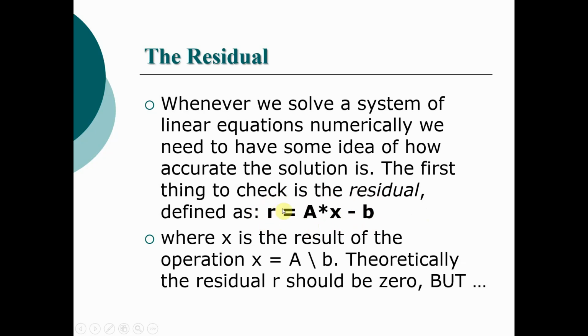So we want to find out what this vector is. If x is the exact result of the operation, then theoretically this has to be equal to 0, but most of the time, because of round-off errors or because the system might not actually have an exact solution, this is not going to be a 0 vector.